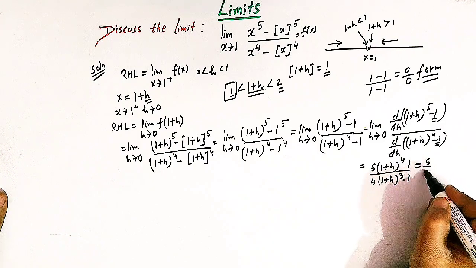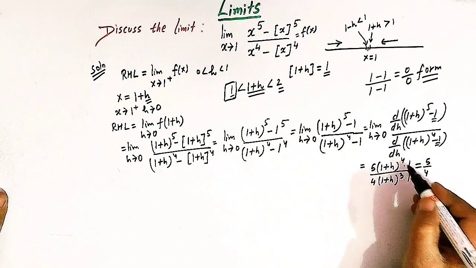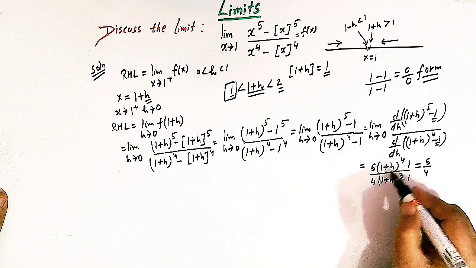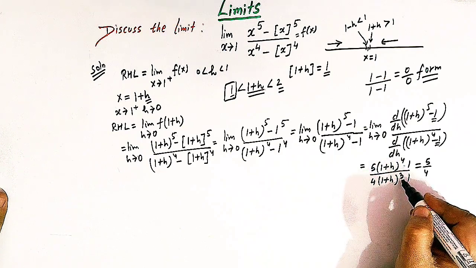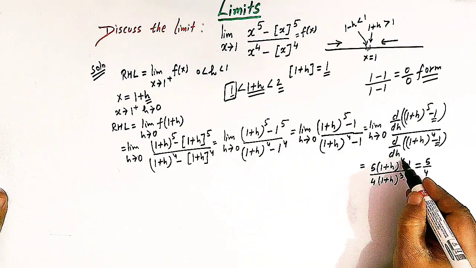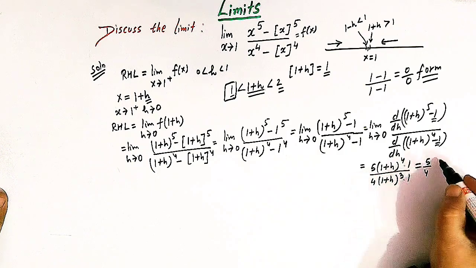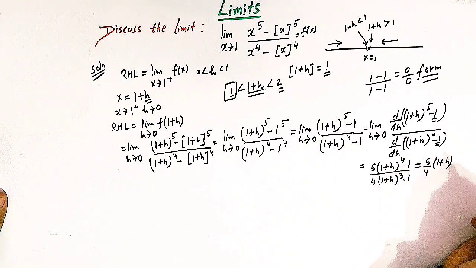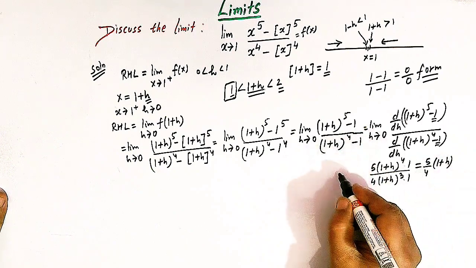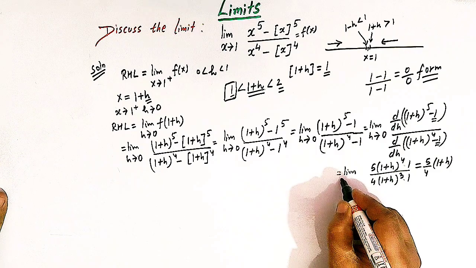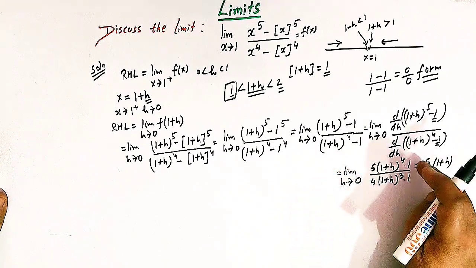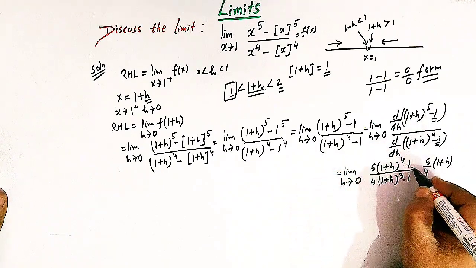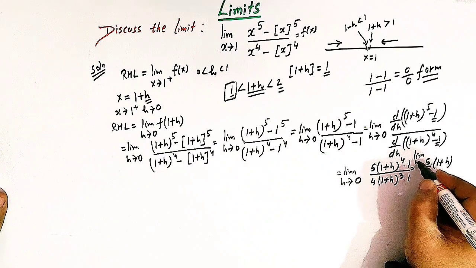So we have 5 over 4, and here we have the fourth power of 1 plus h, here we have the third power of 1 plus h. So cancelling the common powers here, we are left with simply 1 plus h, right? Here also we have the limit notation.